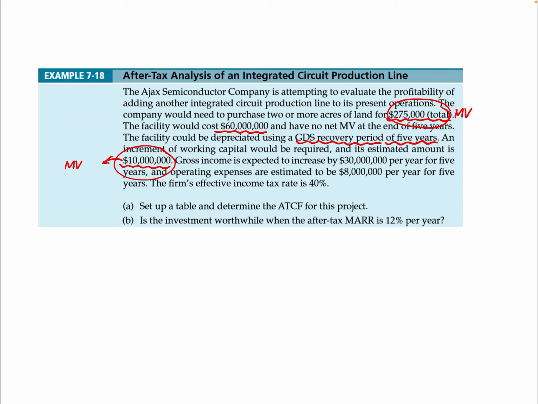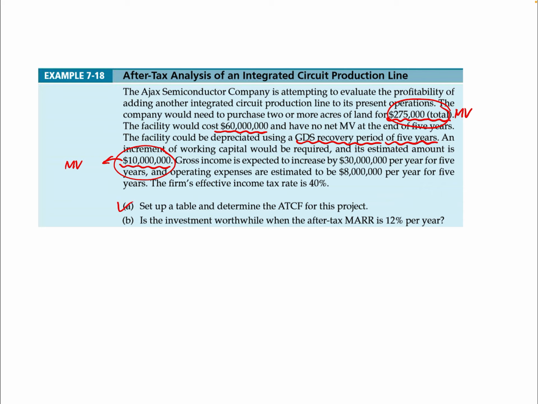Gross income is expected to increase by 30 million per year. So after this new equipment, you are gonna have 30 million additional every year. That is your gross income. And operating expenses are estimated to be 8 million per year. The firm's effective income tax rate is 40%.